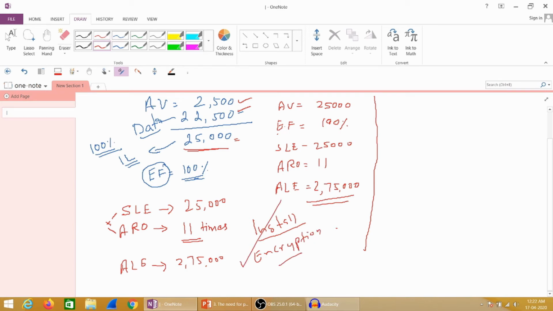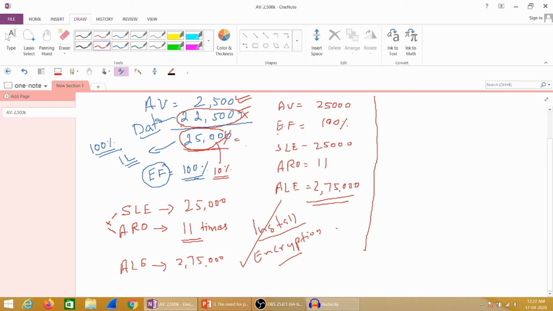That means you have safeguarded the 22,500. Now, if your laptop is stolen, you will lose only the hardware cost, 2,500 rupees. That means only 10%, because the exposure factor is reduced here.